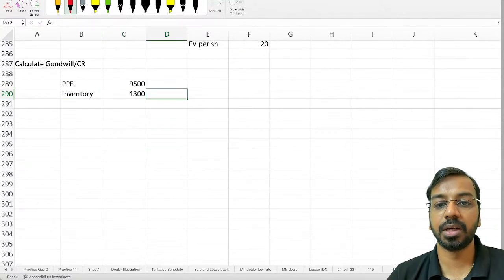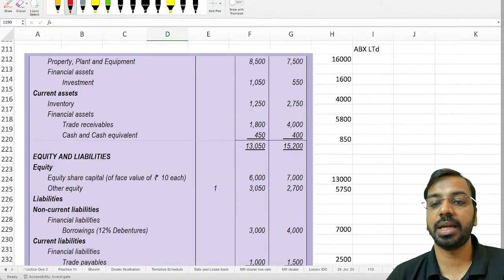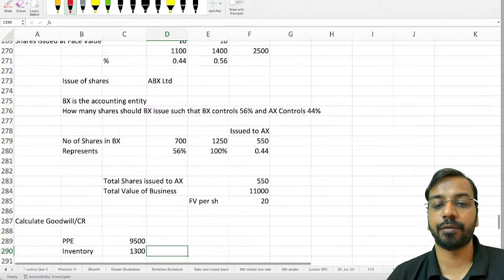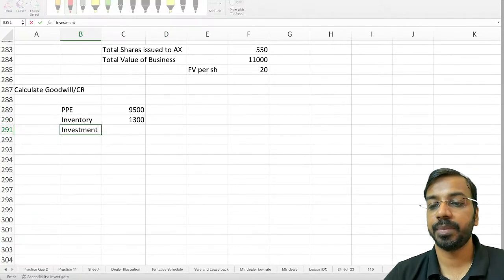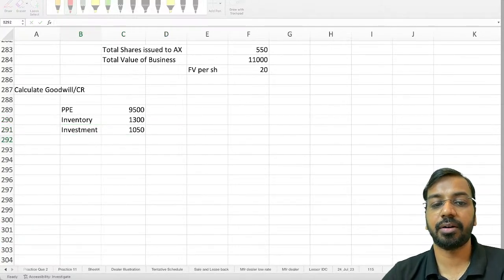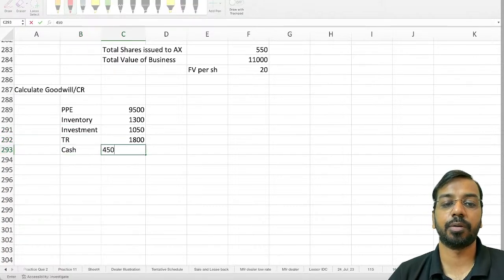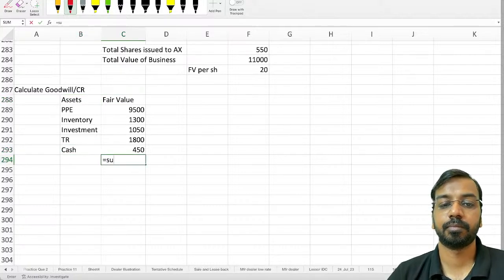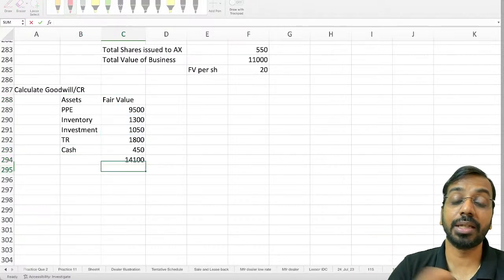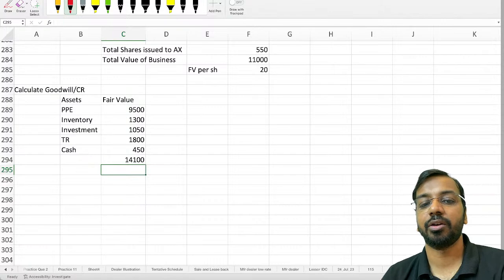Then others we take at the existing values: investments 1,050, trade receivables 1,800, cash 450. These are the assets taken over. Again, the accounting is done as if BX has acquired AX Limited.